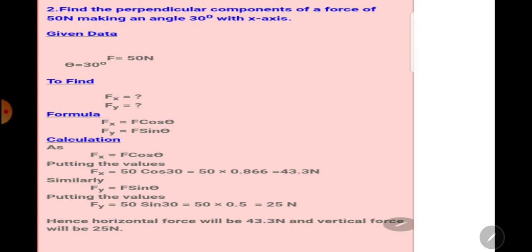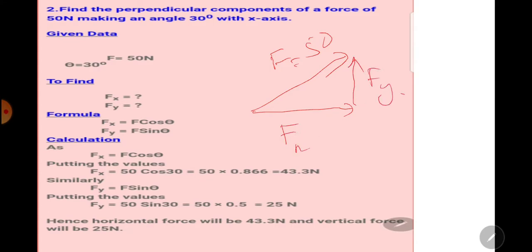Now the next numerical is: find the perpendicular components of a force of 50 Newton making an angle of 30 degrees with the x-axis. So this is a force of 50 Newton. This is the horizontal component and this is the vertical component, and we have to calculate these. These are called the perpendicular components. Here is a question mark, here is a question mark. This is the data, this we have to find.